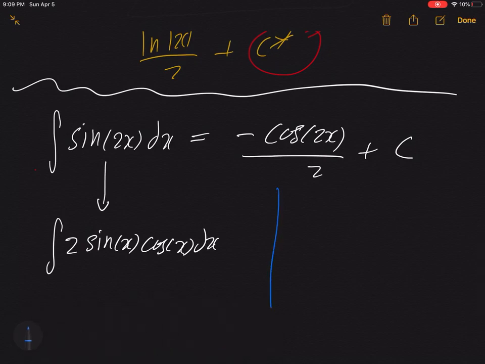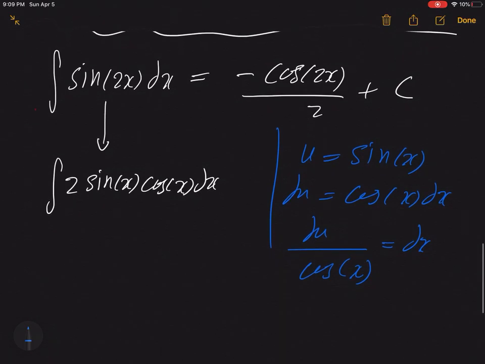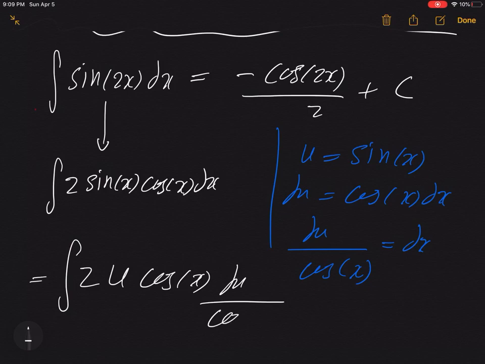Let's suppose that u is just the sine of x, so du is just cosine of x dx, and dx is just du over cosine of x.